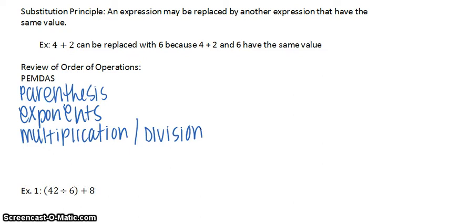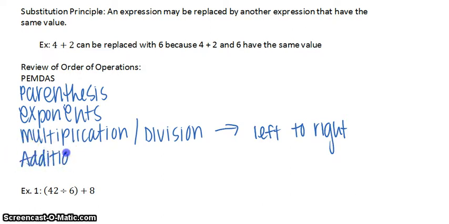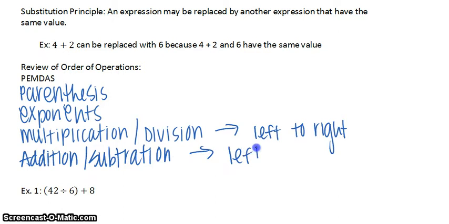So if you have both in the problem, you do it from left to right, whichever one comes first. Likewise, we have addition and subtraction, and they're again at the same level, so you do them from left to right.